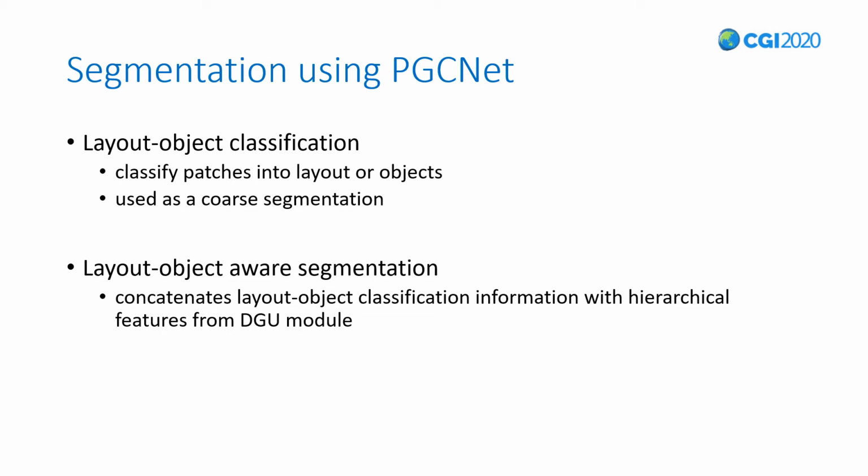Regarding layout-object classification information, the indoor scene semantic segmentation network is constructed with the same architecture as PGCNet. To be more specific, the layout-object classification information is concatenated with the hierarchical features from the dynamic graph UNet before the MLP patch prediction block.